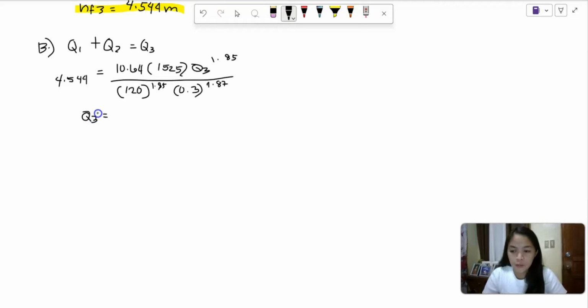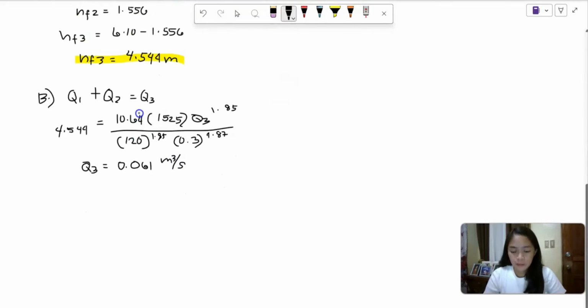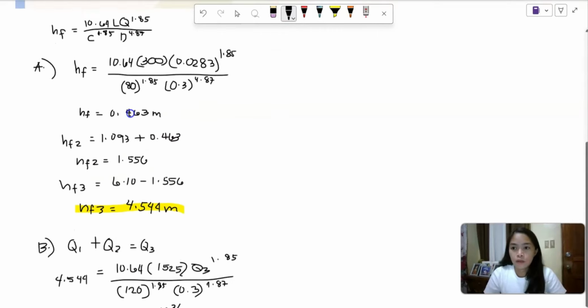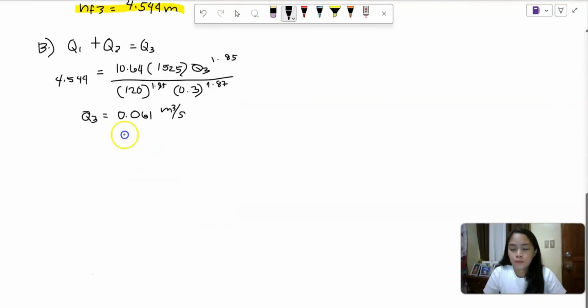Our Q sub 3 is 0.061 cubic meter per second. So we can already get the Q sub 1 since we already have a value of Q sub 2. So Q sub 1 plus Q sub 2 is equal to Q sub 3.